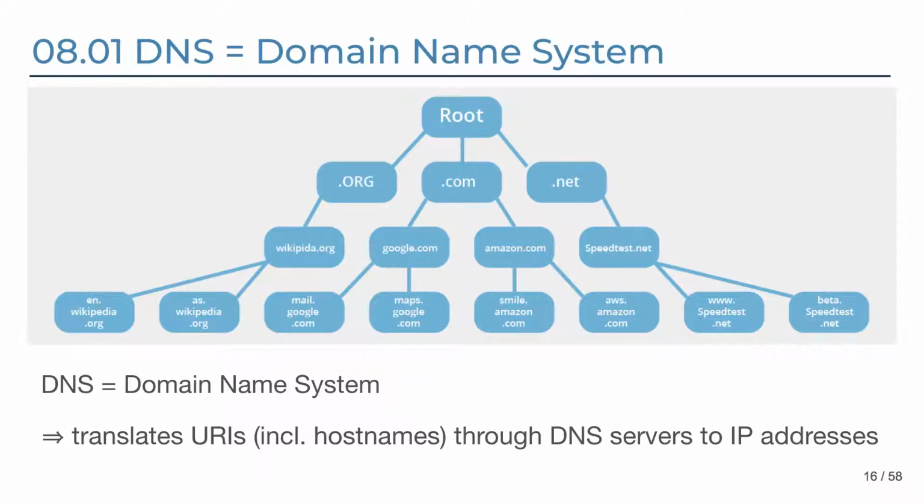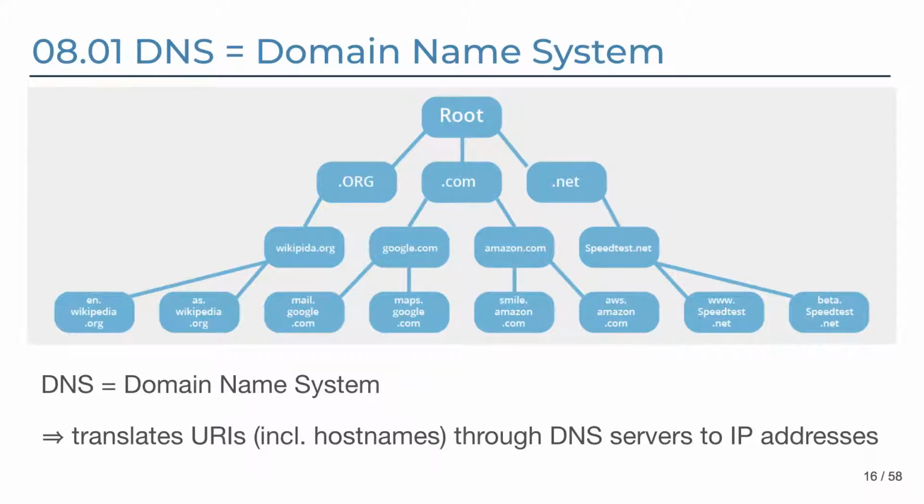When we talk about URLs, we can split them up into the different parts, like top level domain and so on. Then we have specific servers which do the lookup for a URI that we give it and translate that back to the IP address of the server where the content is stored.